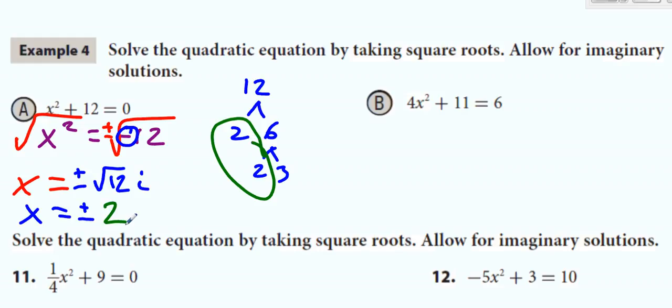Pairs get to come out. We have the 3 left over. That has to stay inside. And then the i is there, we just keep it there. You can put it at the end. You can also put it here in the middle. Wherever you want it. It doesn't matter.